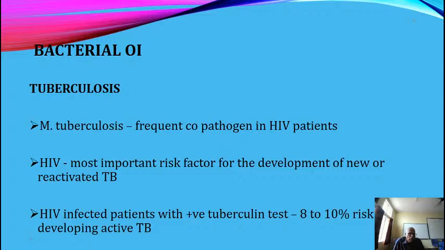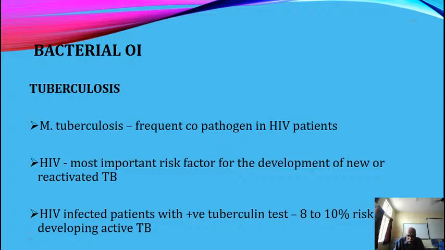So that is the reason first we will cut short the 4 drugs to 2 drugs after the completion of 2 months of treatment. Then once the patient is stabilized, the 2-drug regimen is continued, rifampicin and INH. Along with that, anti-retroviral therapy can be given safely.